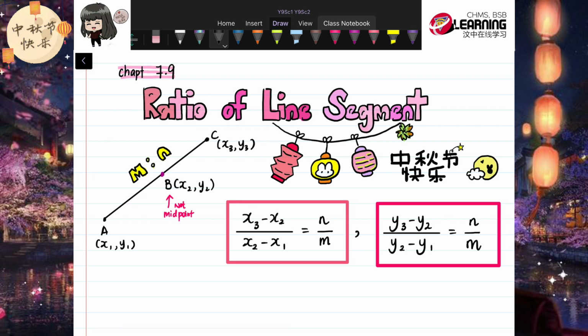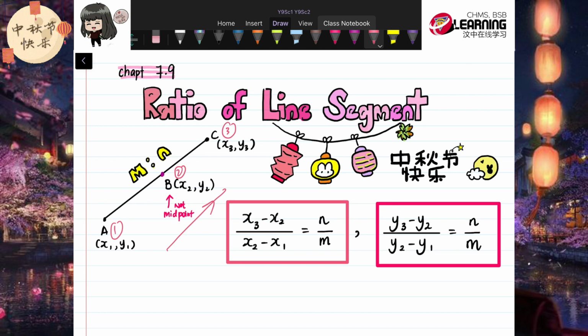Look at this. This is our first point A, second point B, and third point C, going this way: first, second, third. We name them x1, y1, x2, y2, and x3, y3.